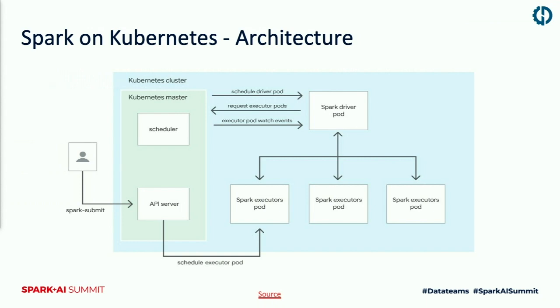This can happen statically, or this can happen dynamically if you enable dynamic allocation. So the driver pod asks for executors, Kubernetes starts them, tells the driver pod, and then the driver is going to start using these executors to run the Spark tasks.